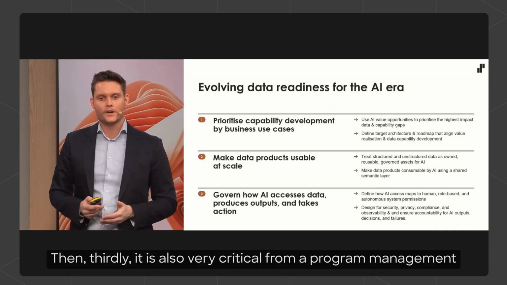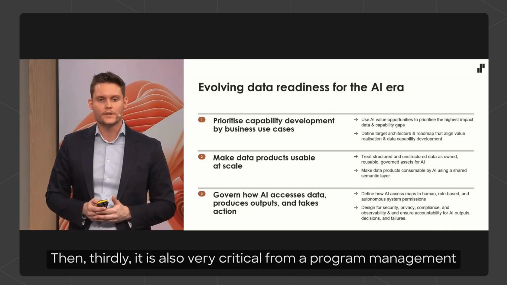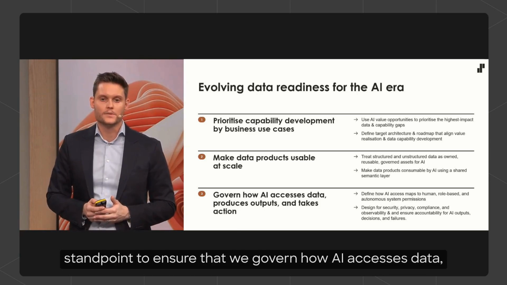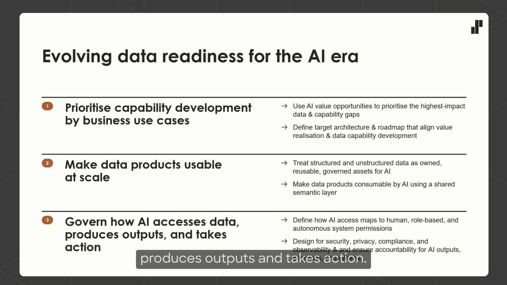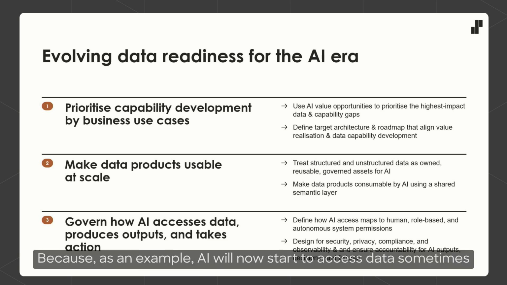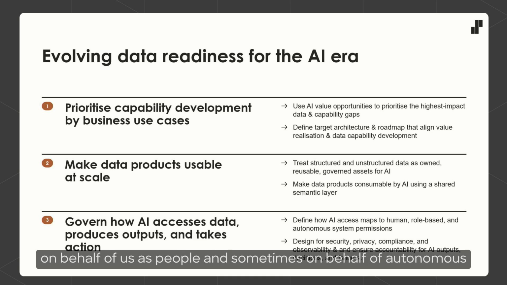Then, thirdly, it's also very critical from a program management standpoint to ensure that we govern how AI accesses data, produces outputs, and takes action. Because, as an example, AI will now start to access data, sometimes on behalf of us as people, and sometimes on behalf of autonomous systems.